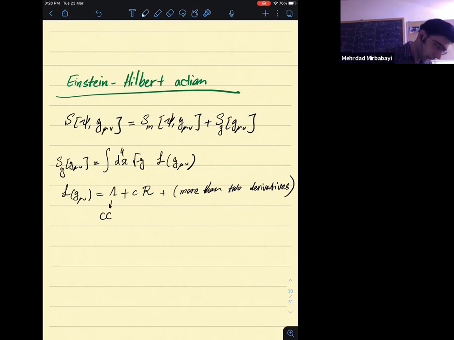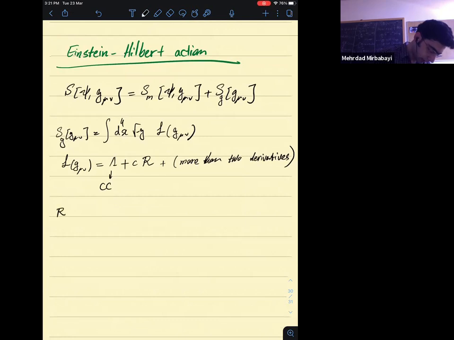I should say something about the higher derivative terms. So this R, if you remember, the Ricci scalar is constructed out of the Riemann tensor, R mu nu alpha beta, and it has the following structure: the derivative of gamma plus gamma gamma, where gamma itself is like the derivative of the metric.